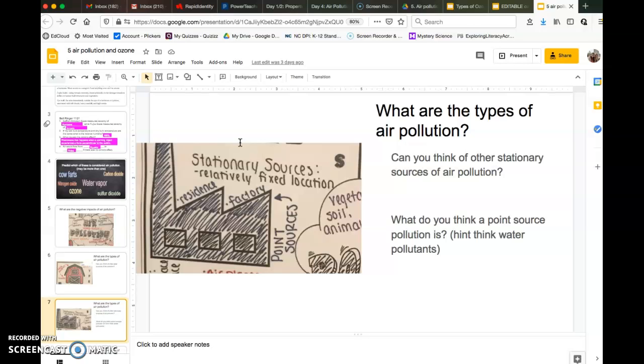If you think back to our hydrosphere unit, when we identified point source versus non-point source pollutants, point sources are things that we can identify exactly where they came from. Remember, we can point to what or who is polluting the environment. Just like with our hydrosphere, we can do the same with our atmosphere pollutants.